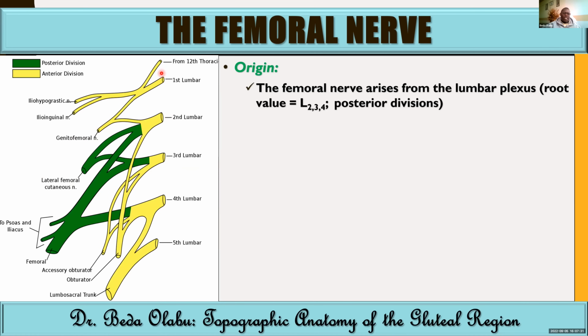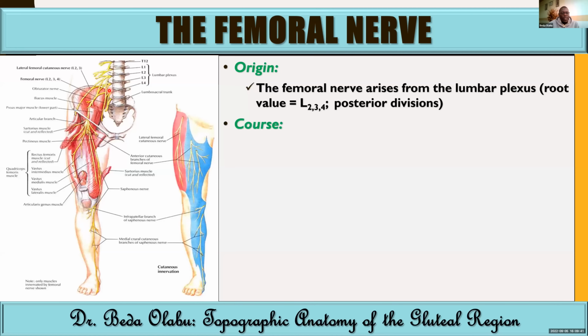So this image captures for us the lumbar nerves, L1 to L5. Because they're forming plexuses, these are already ventral rami. So the ventral rami of L2, L3, L4 have posterior divisions and anterior divisions. So look here, we are focusing on the femoral nerve.